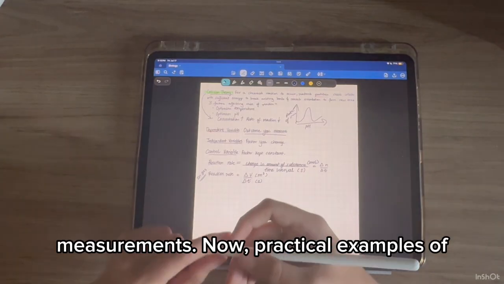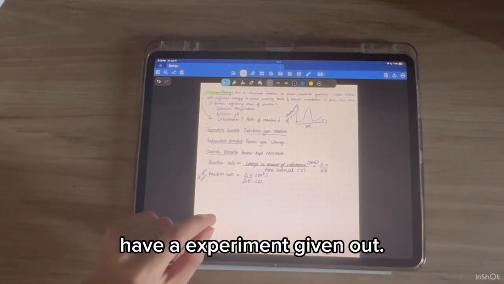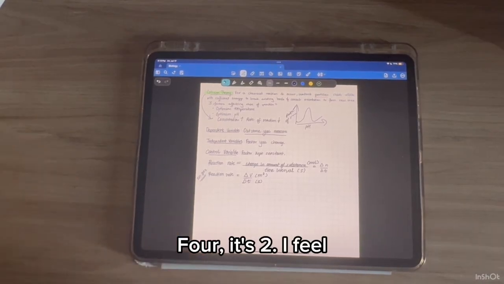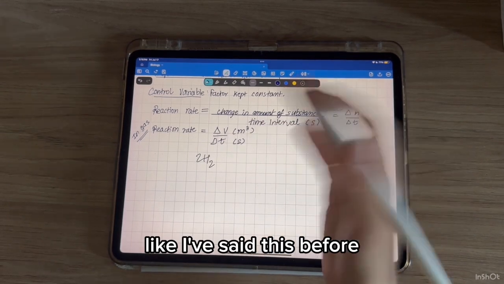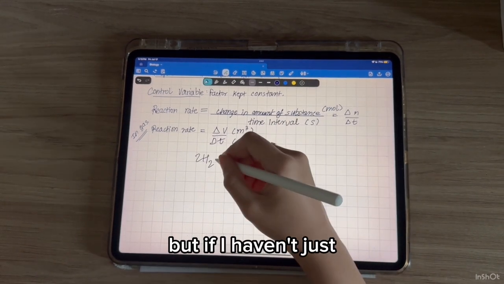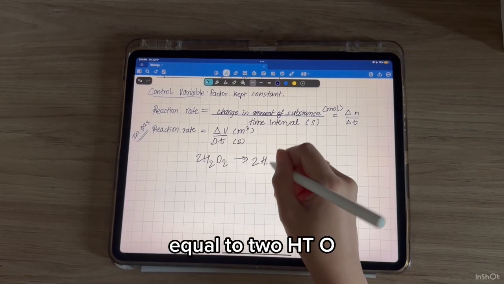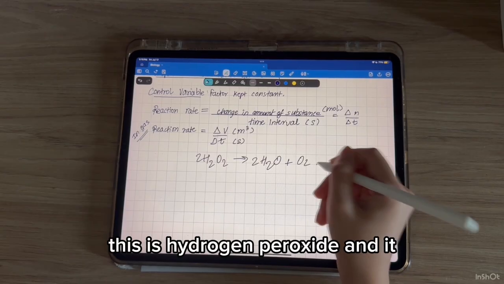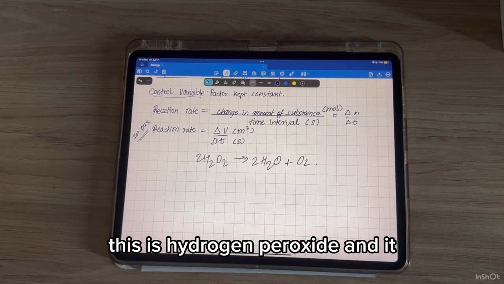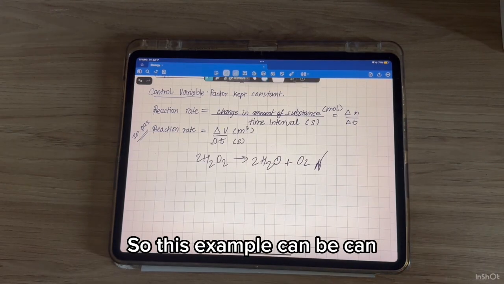Now, practical examples of measurement. Over here we have an experiment, I feel like I've said this before, but if I haven't, just see it. 2H2O2 is equal to 2H2O plus O2. So this is hydrogen peroxide and it creates 2 water and 1 oxygen.